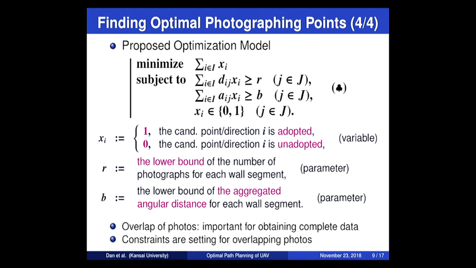B is the lower bound of the aggregate angular distance, just an angle, but this summation is almost equal to the resolution of the target. So we can deal with your situation by setting the value of parameter B appropriately, I think. Sounds good. Okay, thanks again.